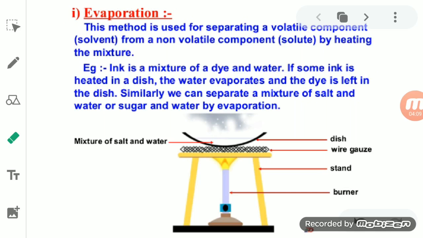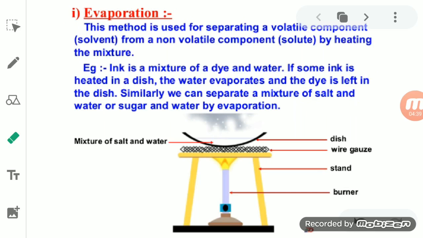By this we can separate the solid from the liquid. So in the case of evaporation, it is used to separate a solid substance that has dissolved in water. The separation of that solid substance from the water in which it is dissolved is known as evaporation.